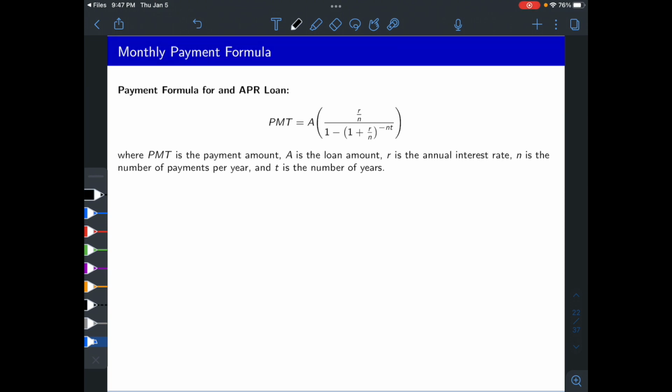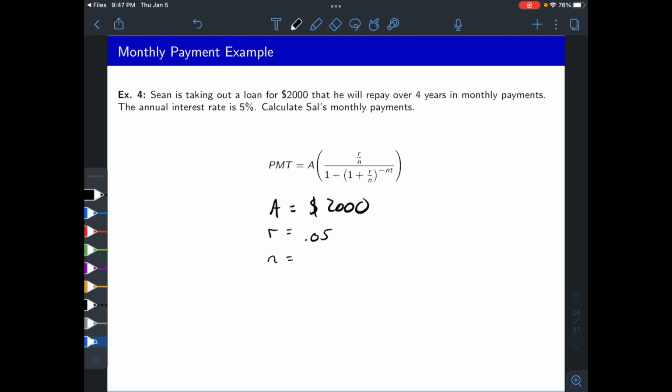N is just the number of payments per year. So if you're using it as a monthly payment formula, N is always going to be 12. In these examples, N is pretty much always going to be 12 because we're usually doing monthly payments. That's the most common way to do it.